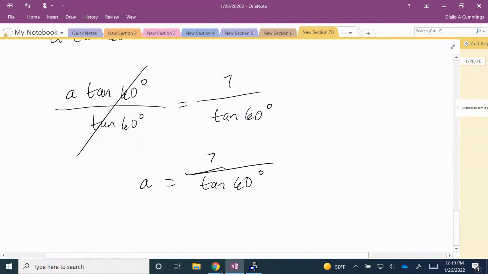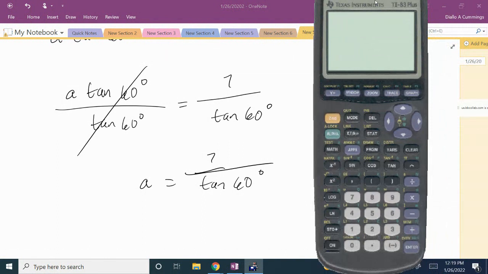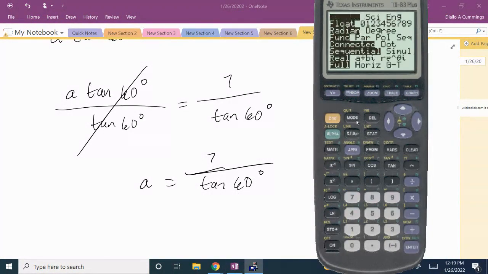And now I'm going to use a calculator to simplify. This is where the mode on your calculator is important. Since I have a degree measure, I want to make sure that my calculator is in degree mode. So the first thing I'm going to do is change the mode on my calculator to degree.